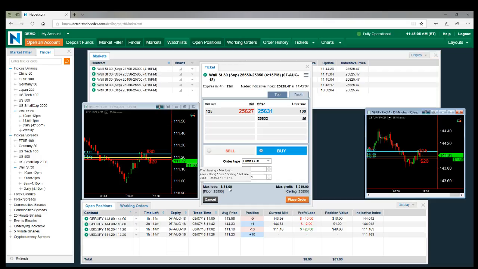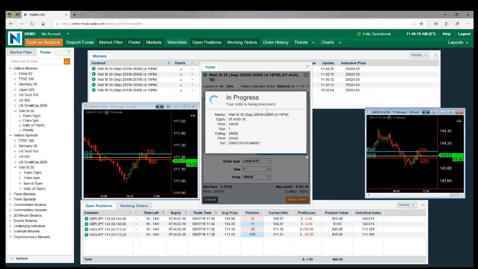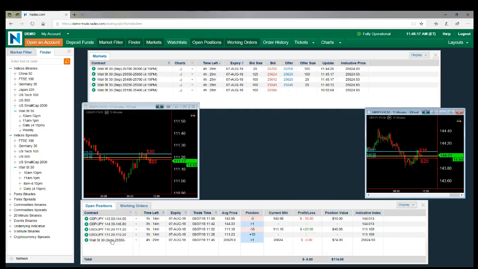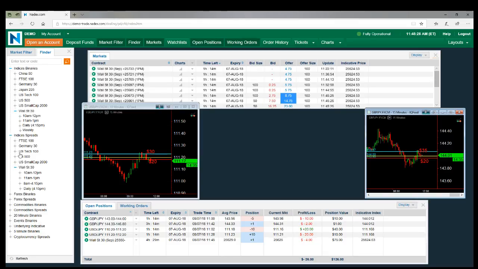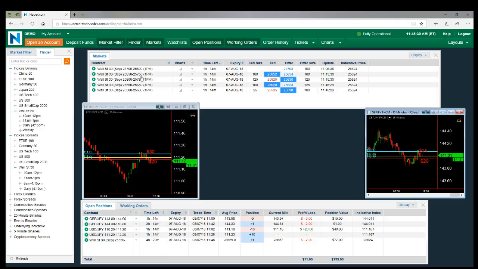So that has $81 loss and a 219 potential profit. Okay, well, now it's 79. So I'm going to enter that one. Do you see how this is for the daily? So that's 4.5 hours.